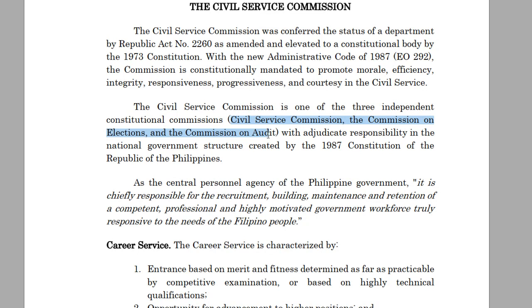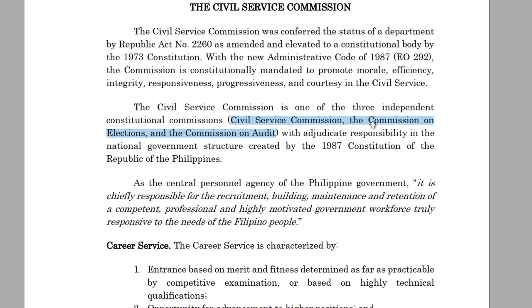So these 3 independent commissions include the CSC, that covers functions that involve public personnel, the Commission on Elections, on how certain elected officials are being elected, of course, how do we conduct elections, and the Commission on Audit, which conducts an audit on all the operations of the government. The COA ensures that the government operations are of course aligned with existing rules and regulations and laws and policies.